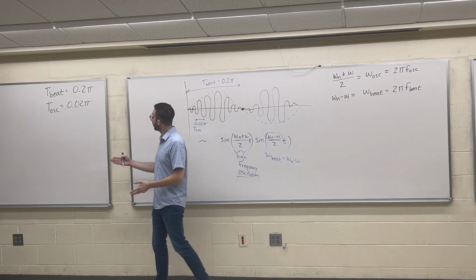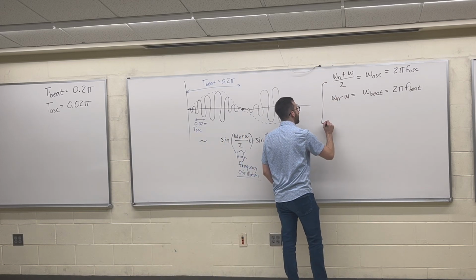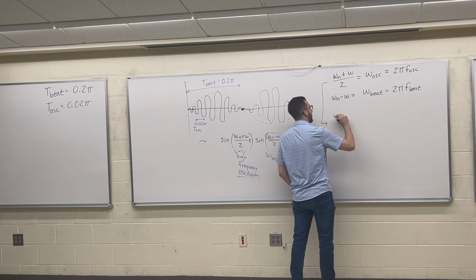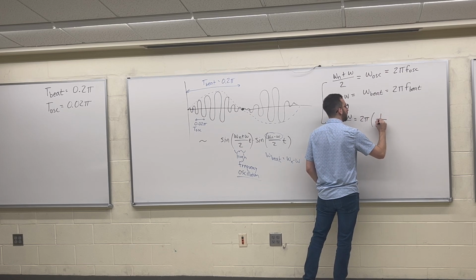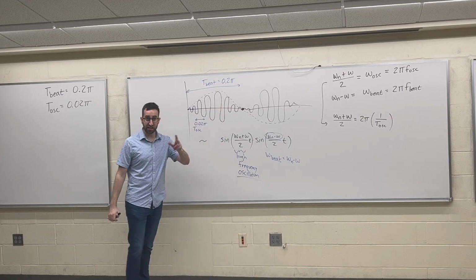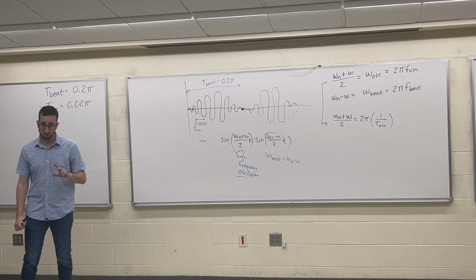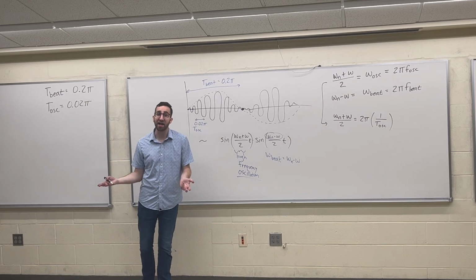It's the reciprocal of those numbers. So omega n plus omega over 2 is going to be 2 pi times 1 over T oscillation, because the frequency and the period are reciprocals of each other. And that's why they give us a pi here, because we end up canceling pi's out.